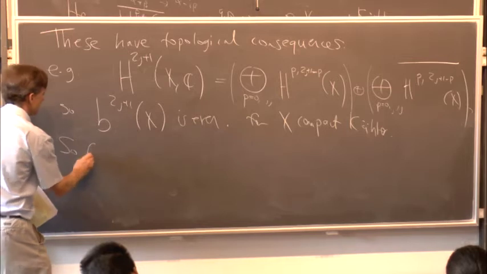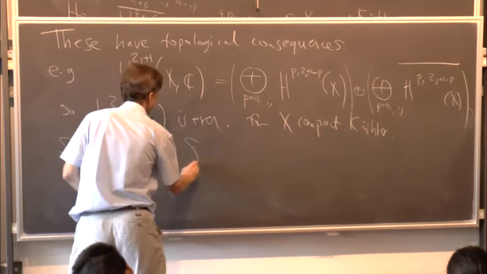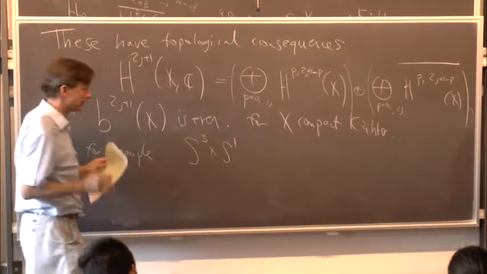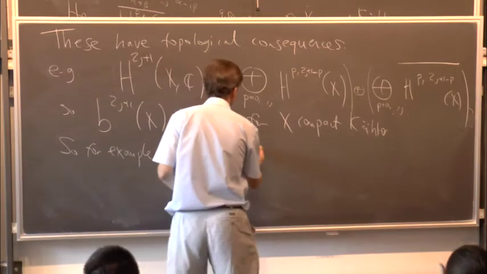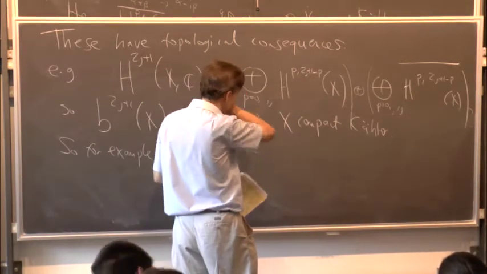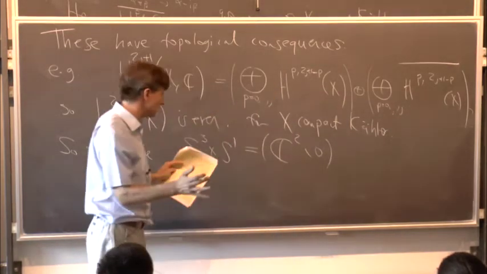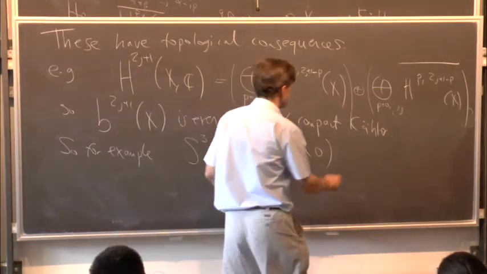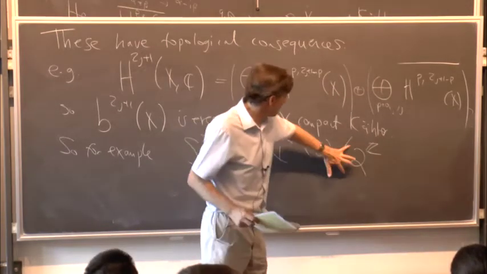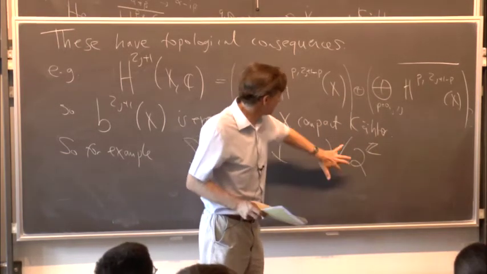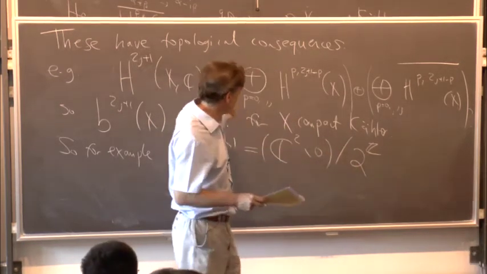Okay, so for example, if you were to take S^3 times S^1, that's a 4-manifold. You can realize it as a complex manifold by taking it to be C^2 take away 0, divided by the integers acting by dilations, multiplication by 2^n for n in the integers.